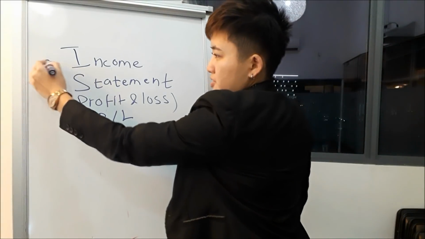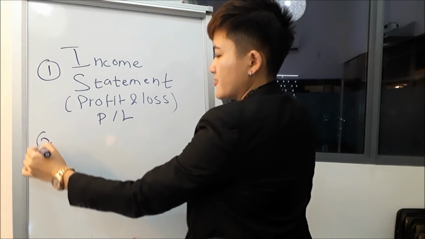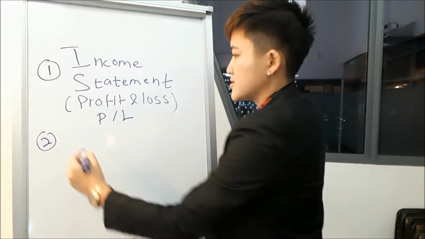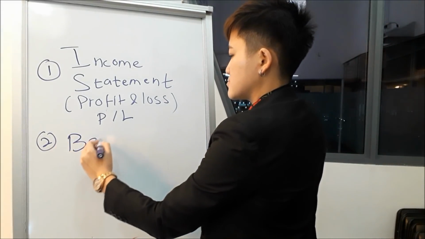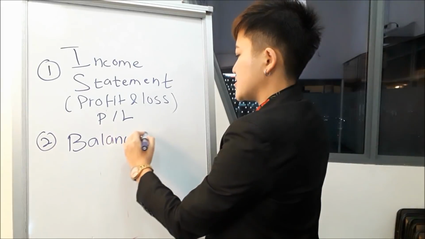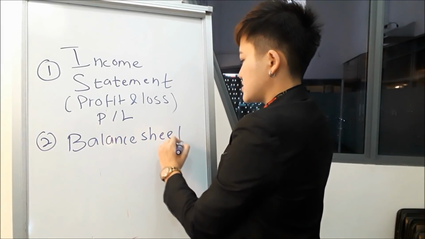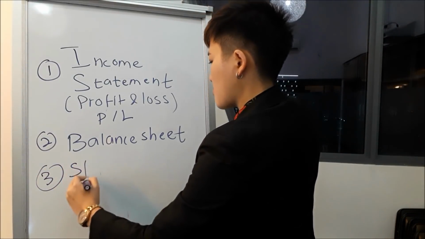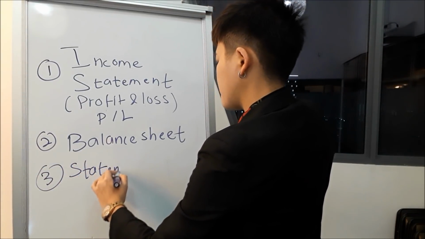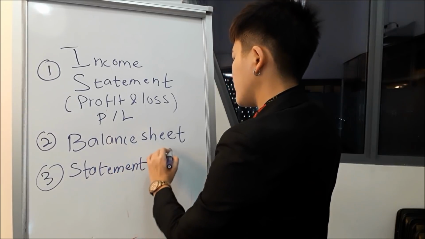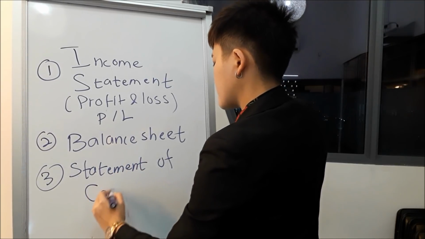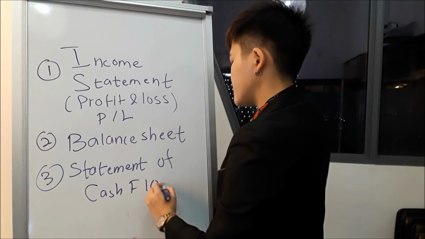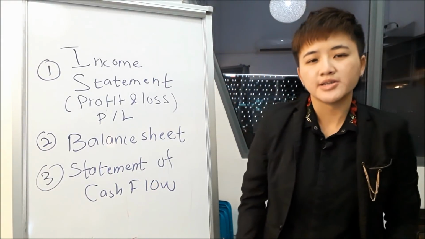So this is the first one you need to understand. Then the second financial statement you need to understand is your balance sheet, okay? And of course, the third one is your statement of cash flow, okay? Or the cash flow statement.